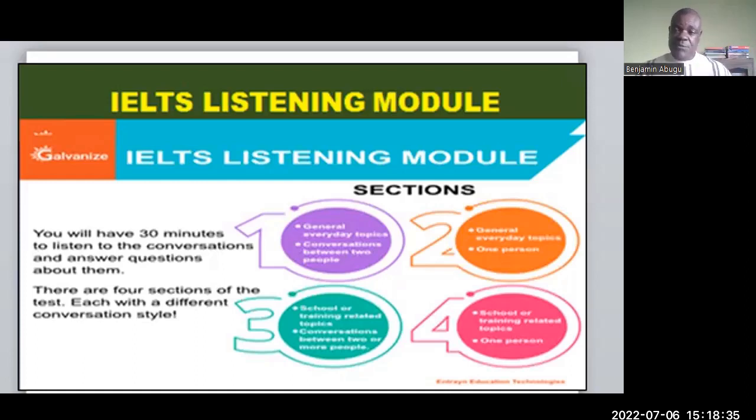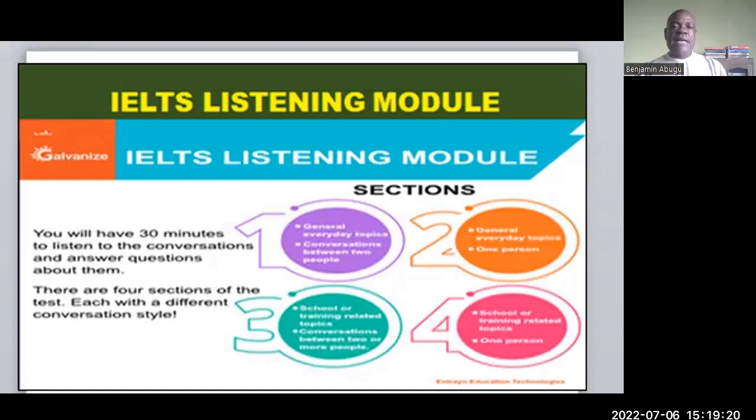Difficult in the sense that if you are a second language speaker of English or a foreign language learner of English, you might have some difficulties understanding the exact accent of a British native speaker. However, one thing is clear. If you are a proficient user of the English language, no matter from whichever part of the world you are coming, you will understand an English speaker speaking from any part of the world, irrespective of the accent. So that's really not a major problem. The bottom line is that you should listen attentively.